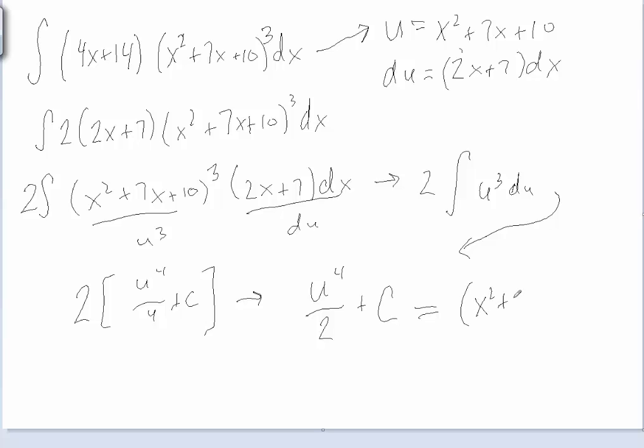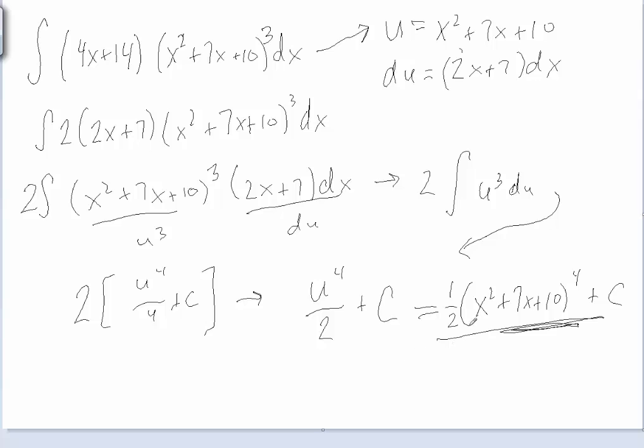And then replacing u with x squared plus 7x plus 10, this is our final answer. And as always, we can check this to make sure we have the proper derivative.